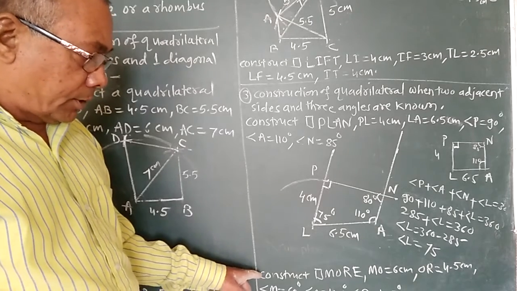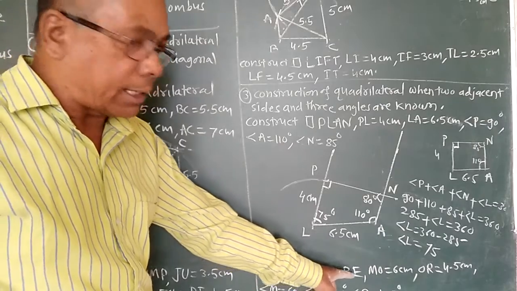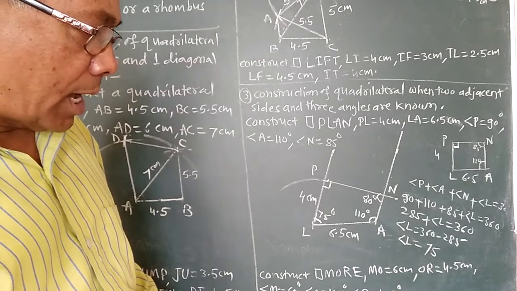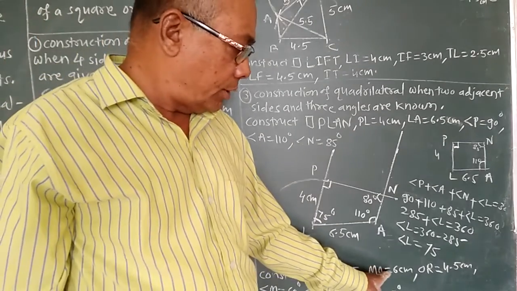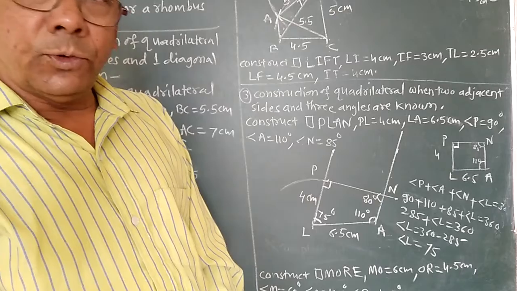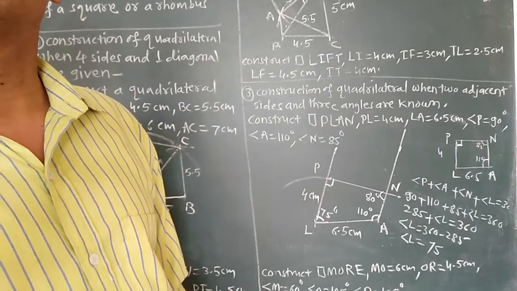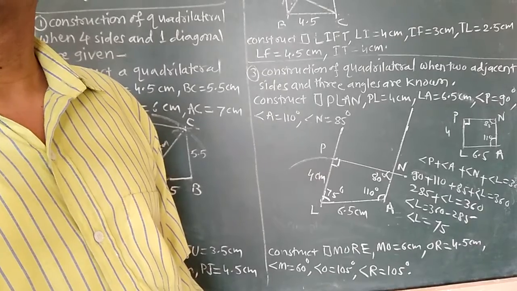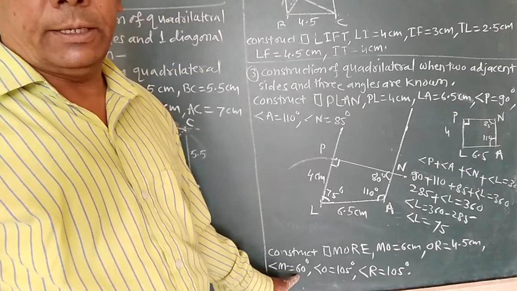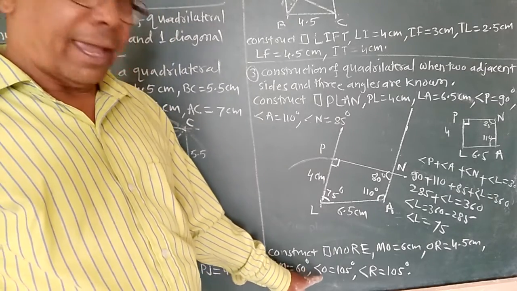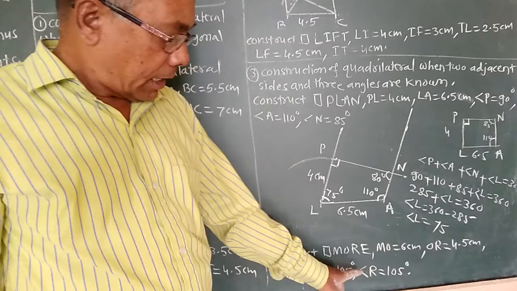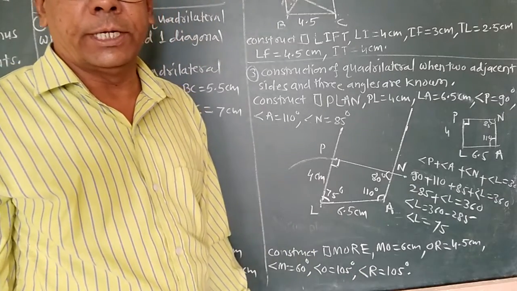Write down. Construct quadrilateral MORE, where MO is equal to 6 centimeter, OR is equal to 4.5 centimeter, angle N is equal to 60 degree, angle O is equal to 105 degree, angle R is equal to 105 degree.